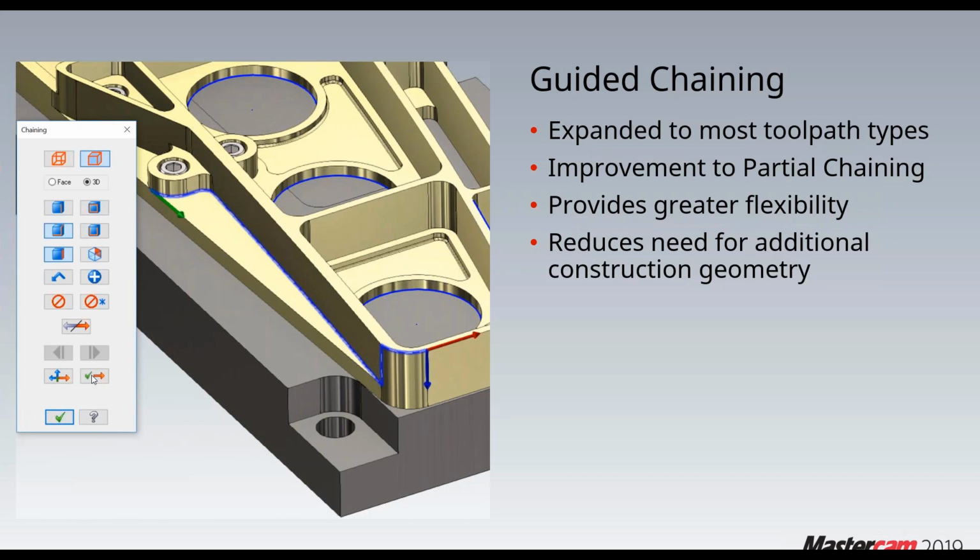The only thing you have to be mindful of is the way the math works on the guided chaining: it's looking for the most logical tangential extension to whatever you're selecting. So if you're running into an area where you want to go up the shorter off-angle section as opposed to continuing along the loop, you'll have to manually switch it by clicking the button on the bottom left of that dialog box.